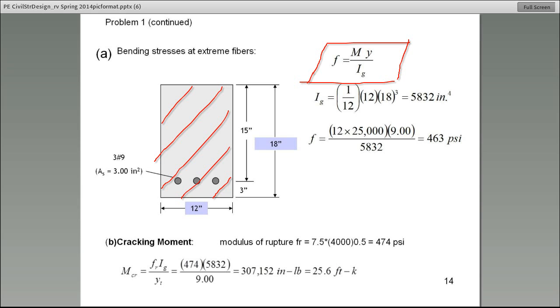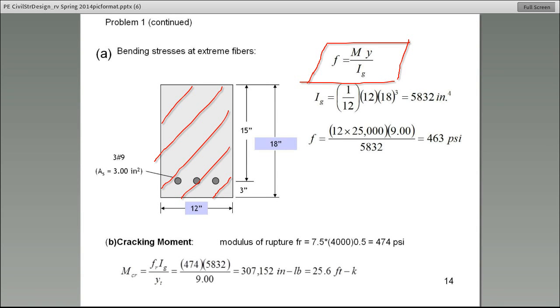And why? Where do we get the clue that we must use the gross moment of inertia? Because they specified this is uncracked. Remember I told you the significance of the uncracked?